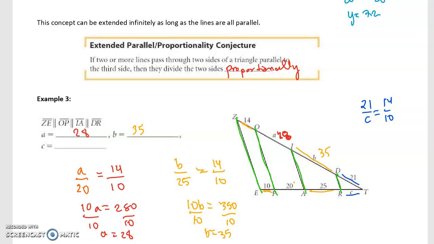I was double checking this because all these other ones, I had the C on the top, which I could do, but if I do C over 21, then I have to make sure I do 10 over 14. So that's going to give me 14C equals 210. And C is 15.